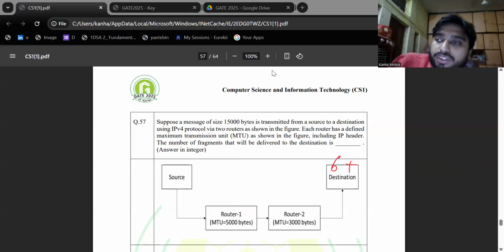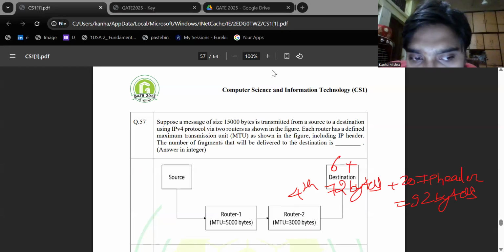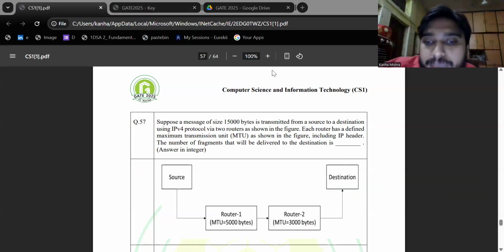Plus the fourth fragment, which was 72 bytes of data plus the 20 byte IP header, so 92 bytes in total. That is already below 3000 bytes, so a single fragment will work. No further breakup is needed.